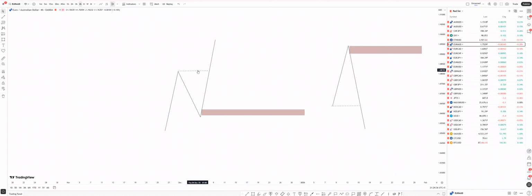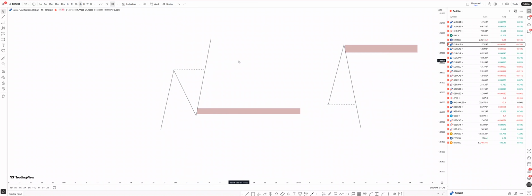Here we have a bullish order block and a bullish breakout market structure, and we will draw an order block on this area. Now we are waiting for the market to pull back, and we will trade on this zone.